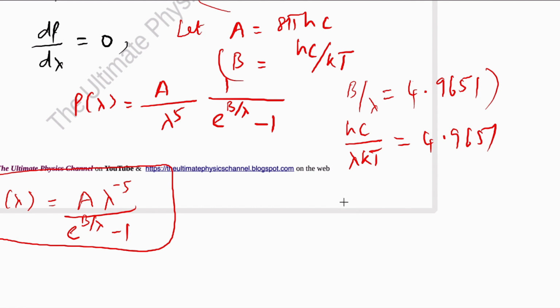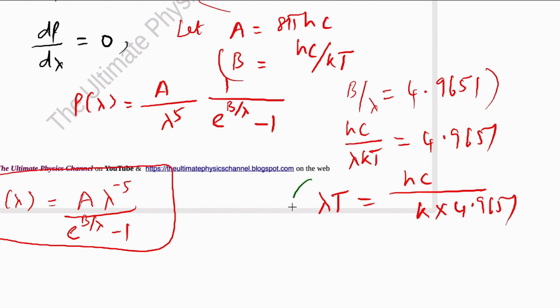If you retain lambda T on one side and rearrange this equation, you would get hc over k times 4.9651. Now this lambda is the lambda max, simply because we have done a differential of d rho over d lambda to get the maximum value of rho, and that occurs at lambda max. So lambda max times T is this Wien's constant, 2.898 into 10 power minus 3.